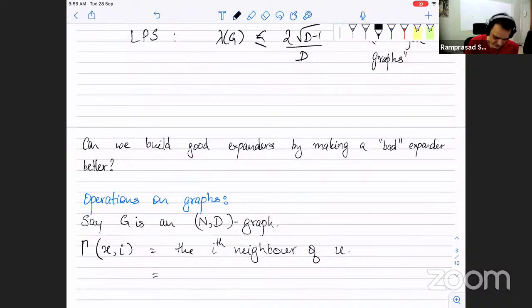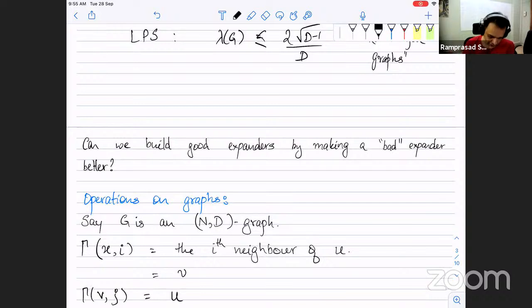Let's say the answer was some v. Now, because u is connected to v, v is also connected to u. So it must be the case that Γ(v, j) equals u for some j.